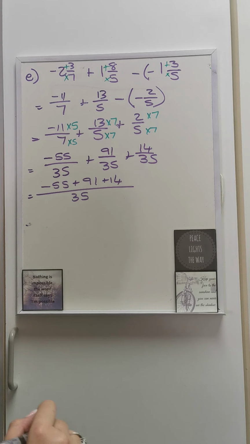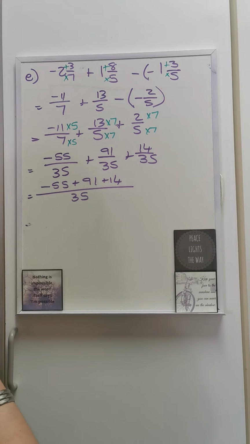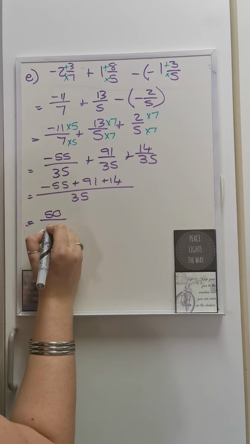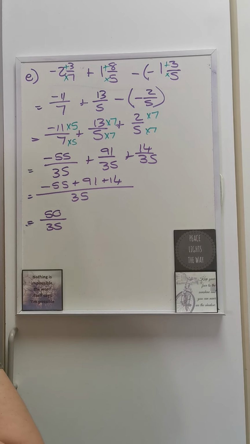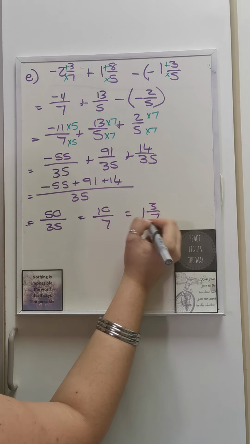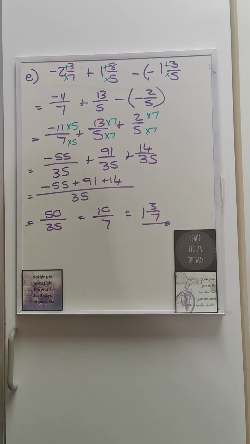Because remember, when we plus and minus, we do not change the surname. Surname stays the same. So negative 55 plus 91 plus 14 gives me 50 over 35, which gives me 10 over 7, which gives me 1 and 3 over 7. Okay. Number G.